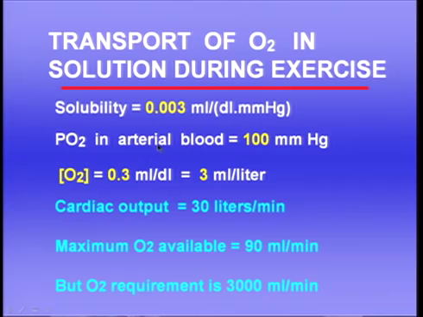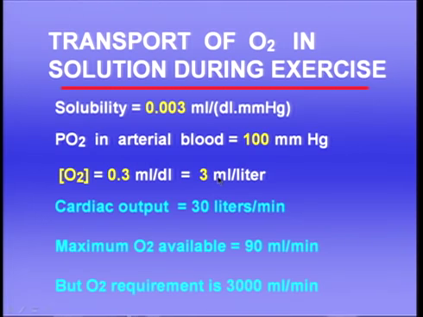PO2 in arterial blood, which we will discuss extensively eventually, but take it from me that it's about 100 millimeters of mercury. And therefore the oxygen dissolved in arterial blood is going to be 100 times 0.003, or 0.3 mls per deciliter, which is equal to 3 mls per liter.